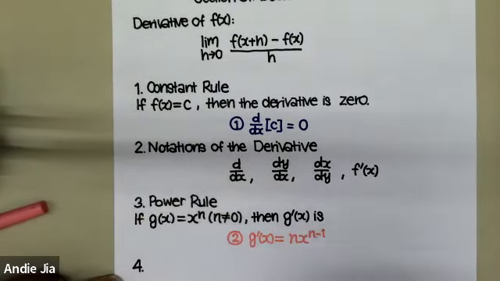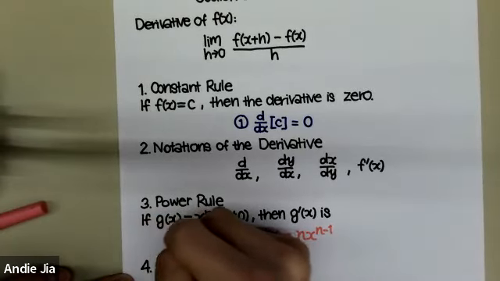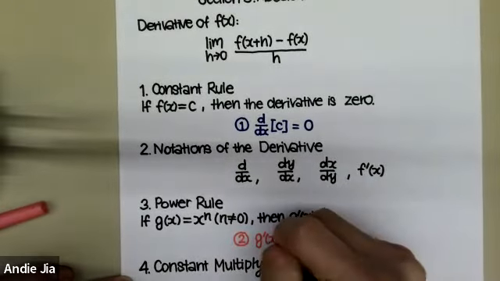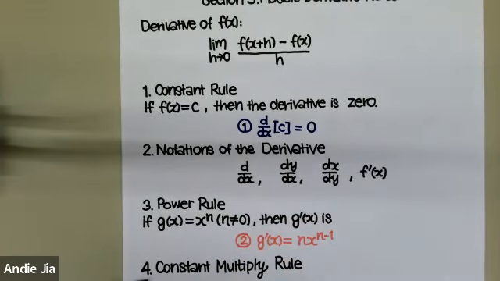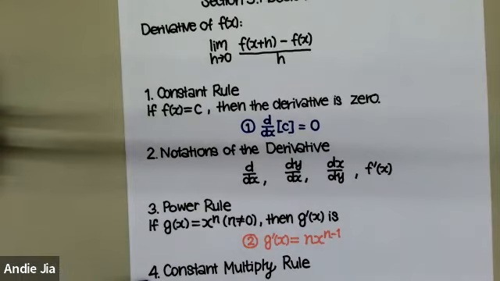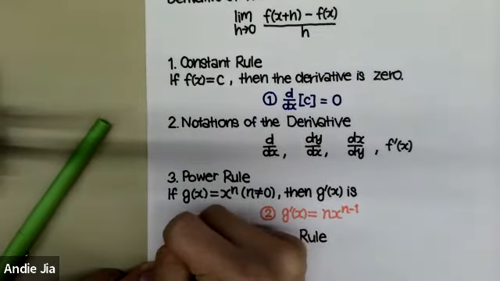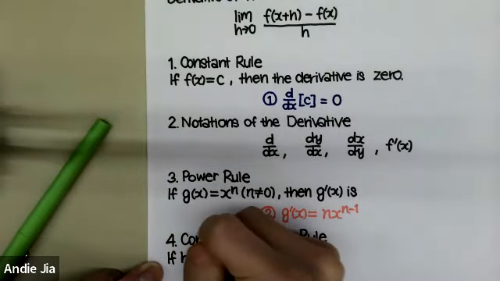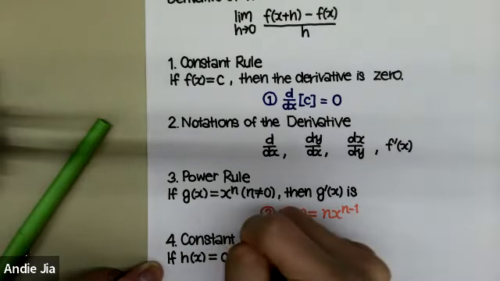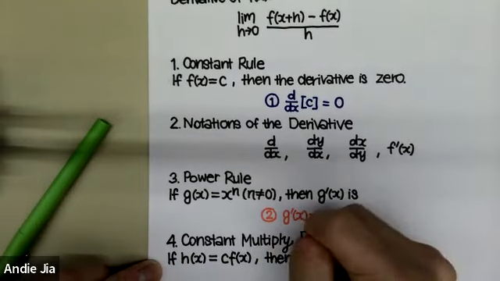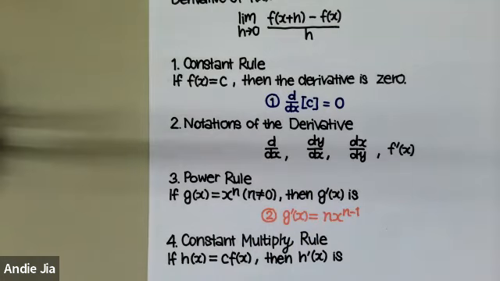Number 4 is the constant multiple rule. If perhaps h of x is a function equal to c times f of x, then h prime of x is, we have a constant multiple, but we don't do a product rule here because it's not taught in 3.1 yet.